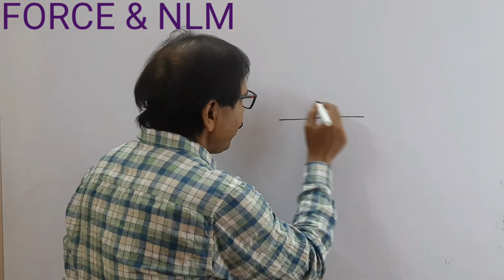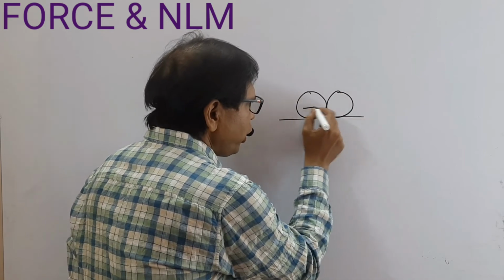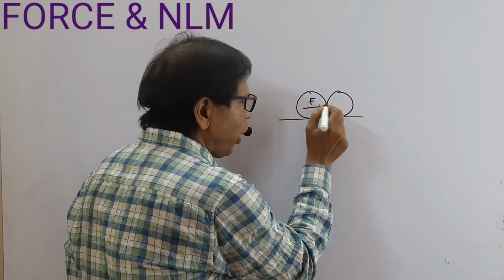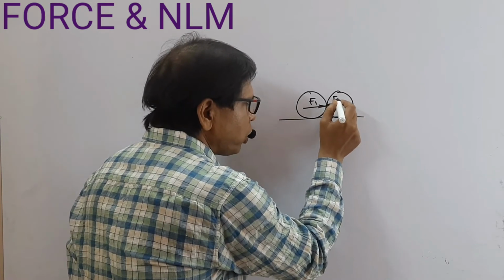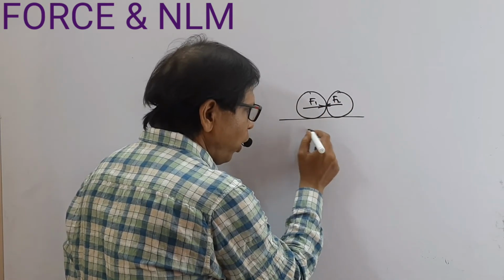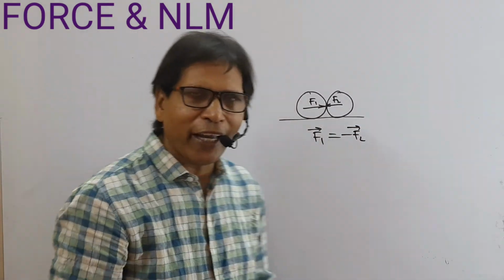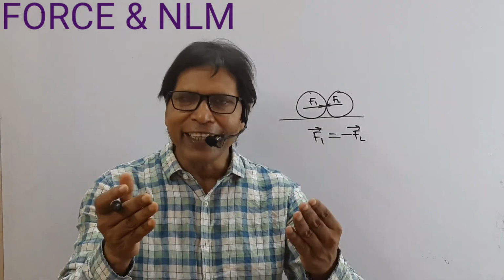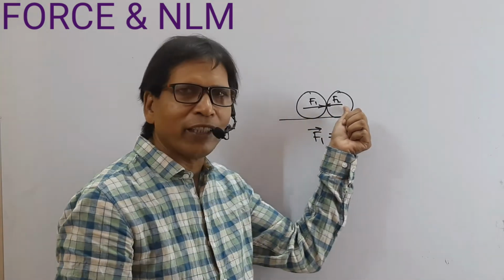To every action there is an equal and opposite reaction. Suppose, look at this. These are two bodies, this body and this body. This body applies force F1 on this body, and this body applies force F2 on this body. So here F1 is equal to minus F2. Okay. Now this action and reaction force act on two different bodies.